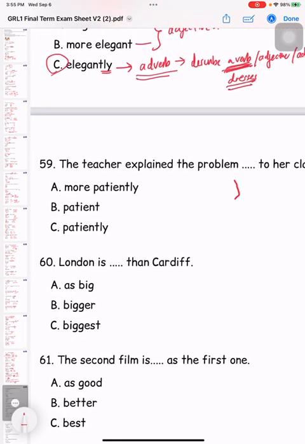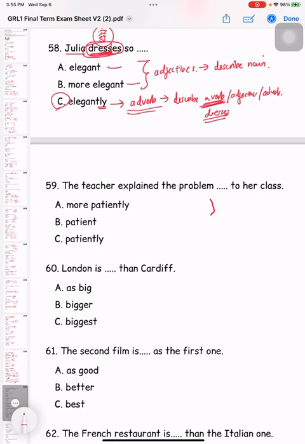Okay, look at 59. The teacher explained the problem to her class. It's the same thing here. More patiently is the adverb. Patiently is the adverb as well, because of the word ly, and patient is the adjective. Patient means 很耐心的. We are describing the way that the teacher explained, which is patient.